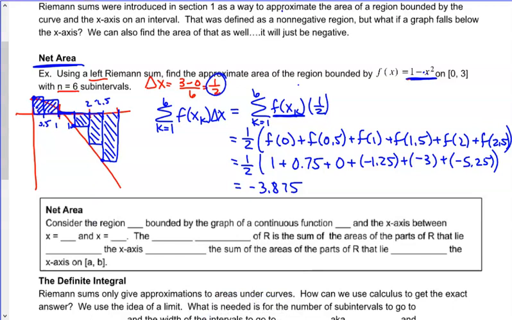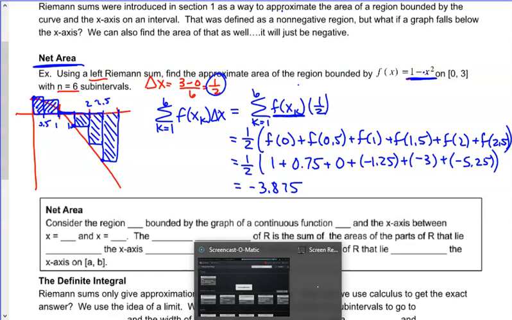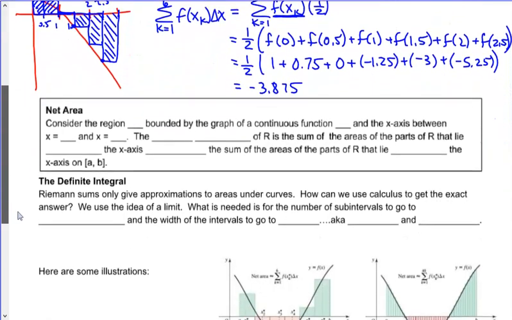I know that that's not the actual area of everything underneath the curve, but that's not what we're finding right now. We're just finding the net area by accounting for negative area and positive area. It should make sense because, according to my picture, there is more area in the negative than there is in the positive.